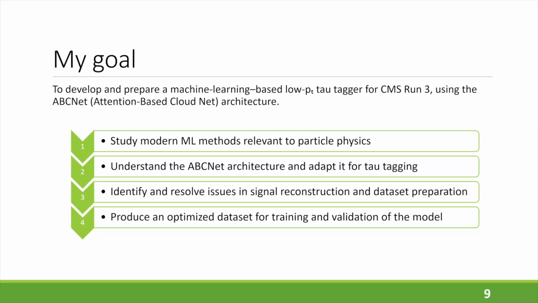Also, understand the ABCNet architecture and adapt it for tau tagging. As said, it was made for Run 2. Also, identify and resolve issues in signal reconstruction and dataset preparation. One of the last steps is to produce an optimized dataset for training and validation of the model. And the main one was to train the model and try to see some results.